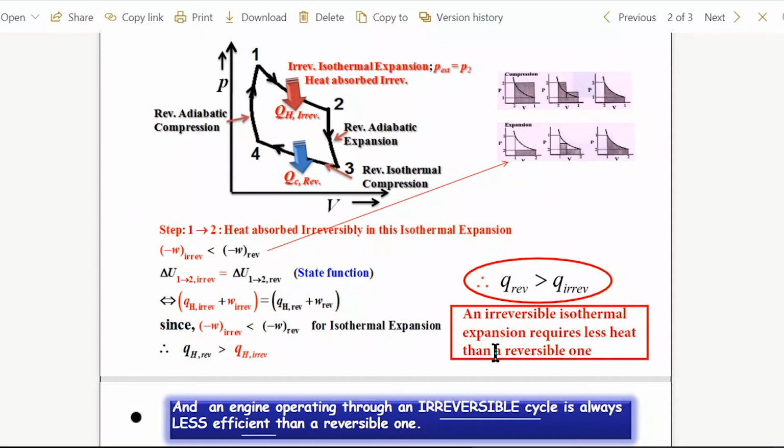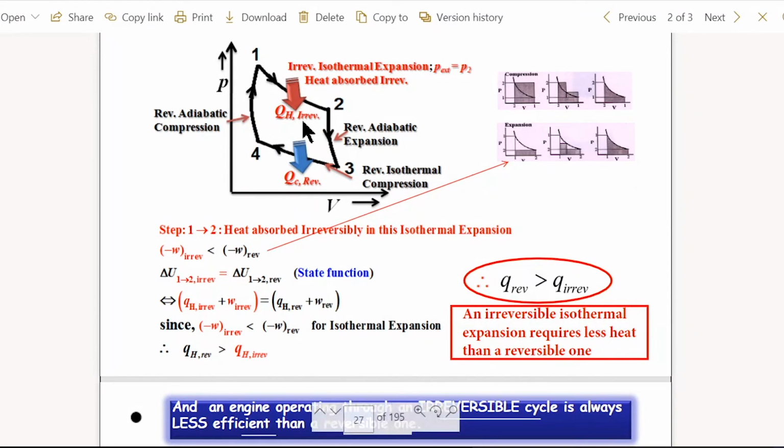Efficiency is nothing but 1 minus QL by QH. Now, instead of QL and QH, I can subscript these with reversible and irreversible parts.